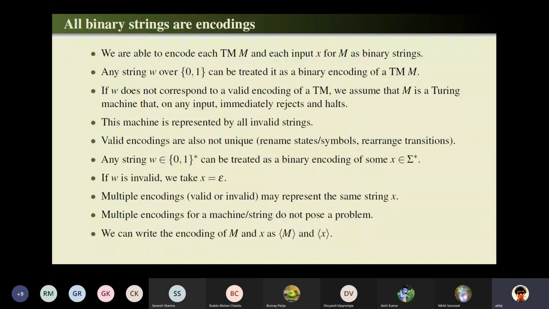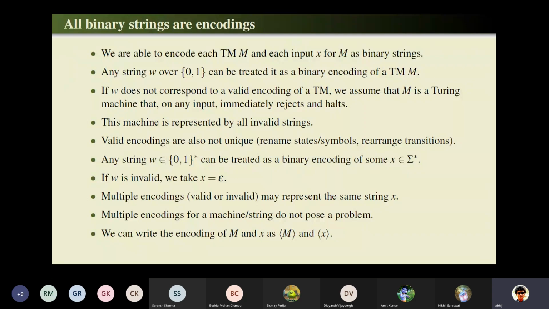Now there should be some kind of notation. If I call a machine M, M is not exactly the same as the encoding of M. M is a machine, some kind of mathematical or physical entity, whereas its encoding is basically a binary string.